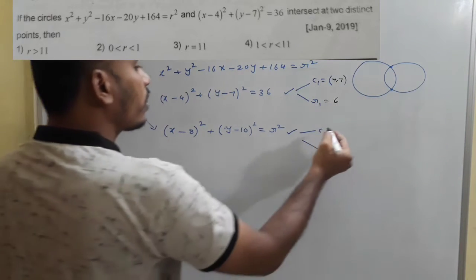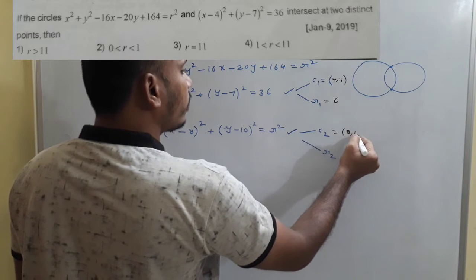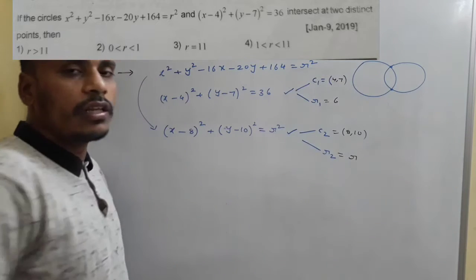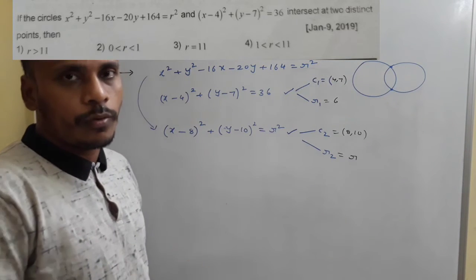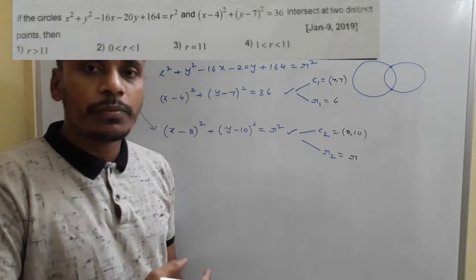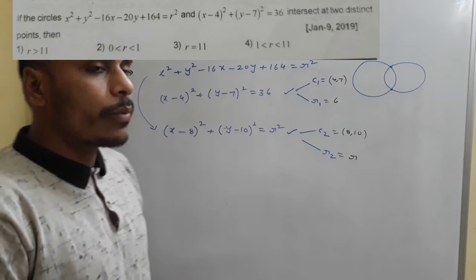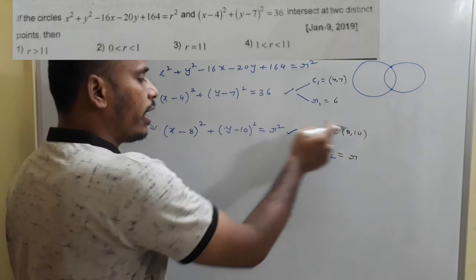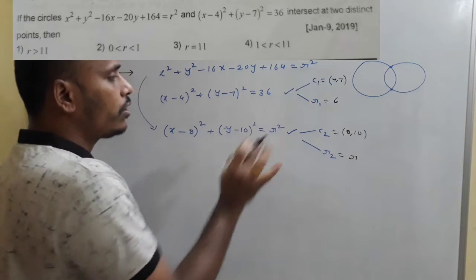Whereas for the second circle, the center is (8,10) and the radius is r, because these two circle equations are in center-radius form. Center-radius form is (x minus h) whole square plus (y minus k) whole square is equal to r square. So (h,k) is (8,10), and the radius is r. Now this is the condition.